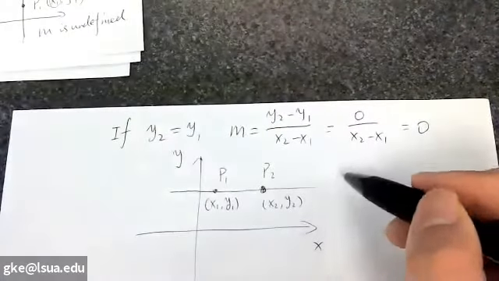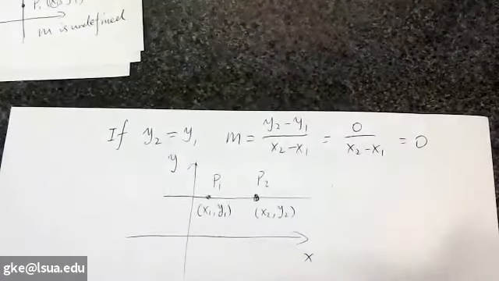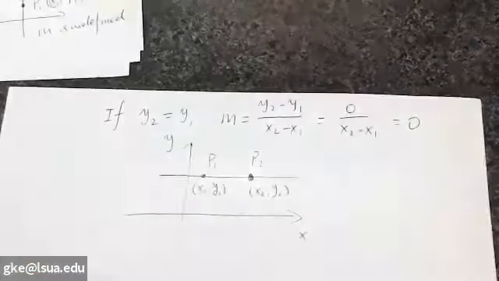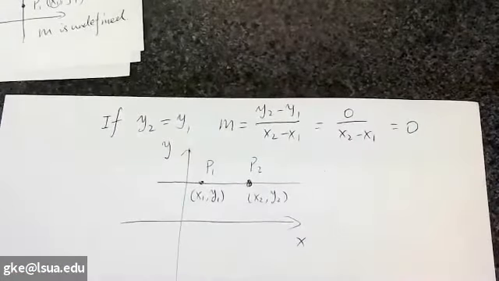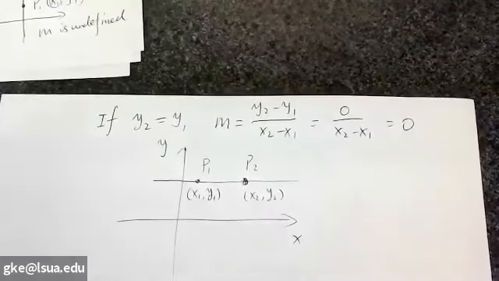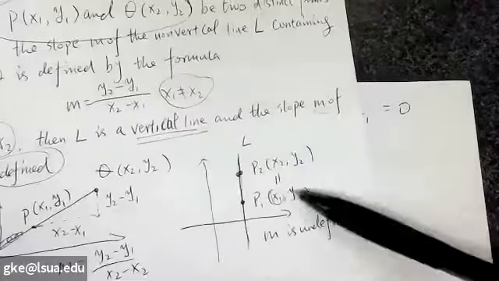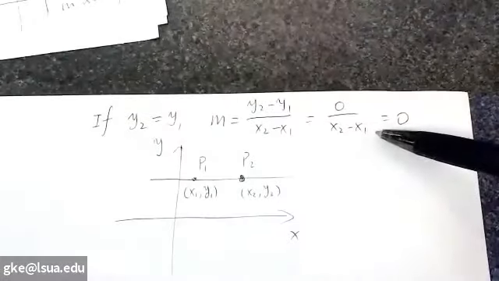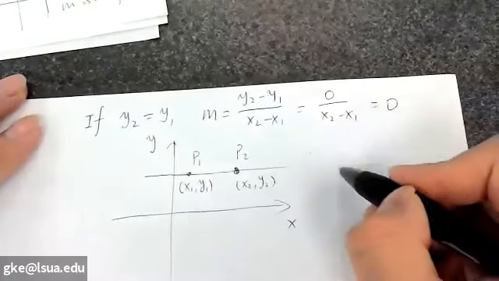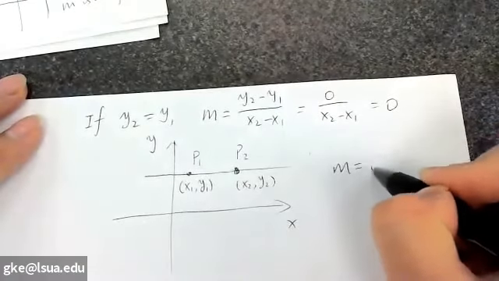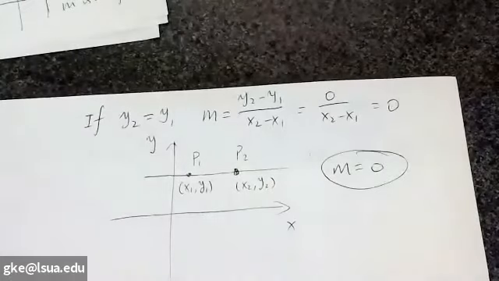Do you agree? y1 equals y2, so when you construct the line, it should be a horizontal line. If it's undefined, that is a vertical line. For m equals 0, it should be a horizontal line. If I give you a horizontal line, m equals 0. If I give you a vertical line, m is undefined. Clear? Very good.